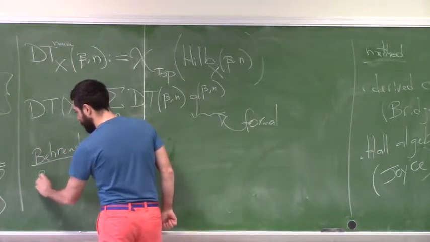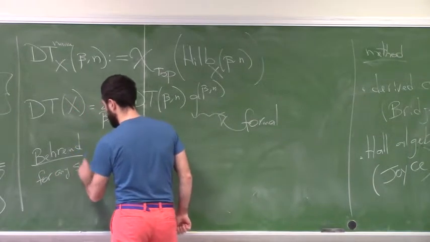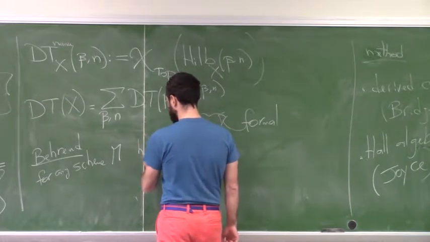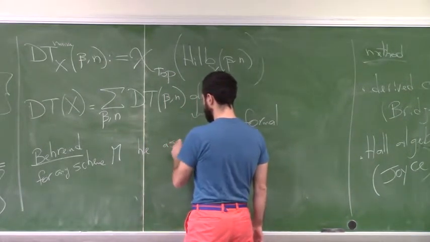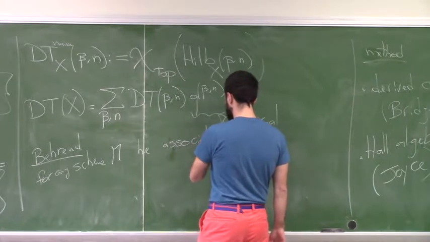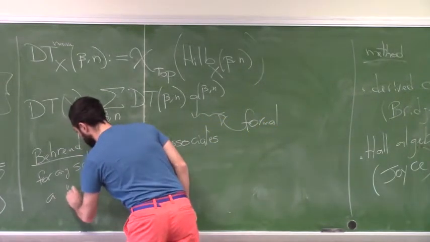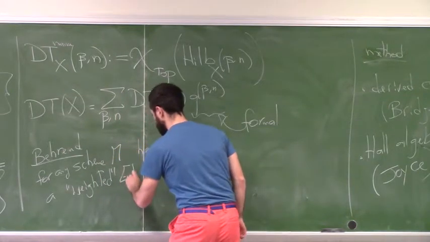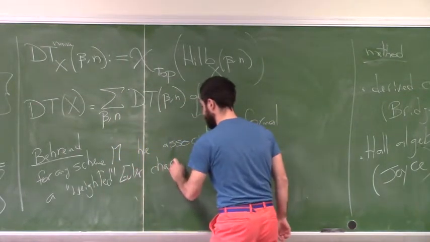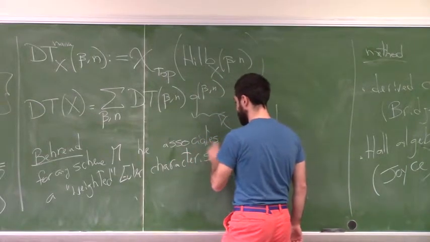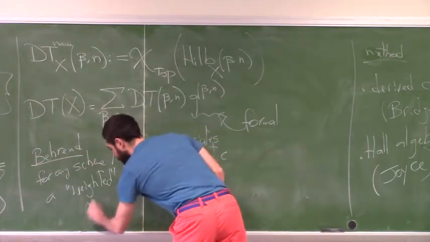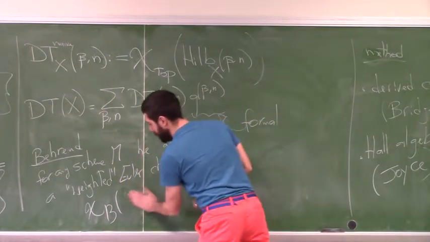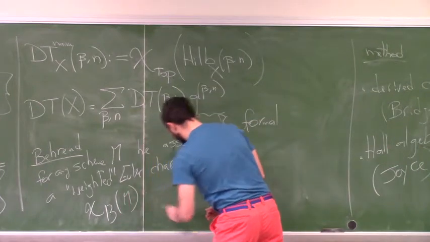For any scheme M, he associates a weighted Euler characteristic, chi-Behrend of M. I'm not going to go into details of how this is defined, but I'll tell you two properties.